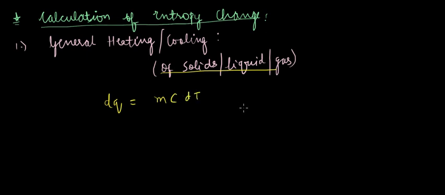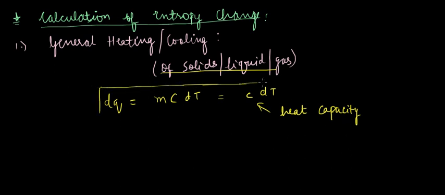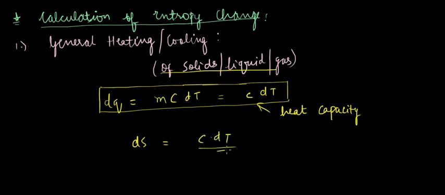C is the specific heat capacity, and this can also be written as C dT, where C is simply the heat capacity. And dS, as we know, can be written as dq by T, an integral of the same. So we have the integral sign on both sides of the equation.